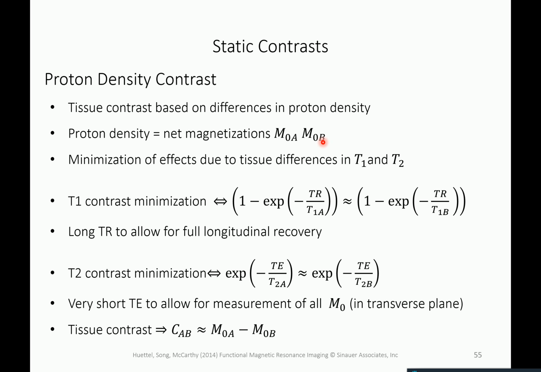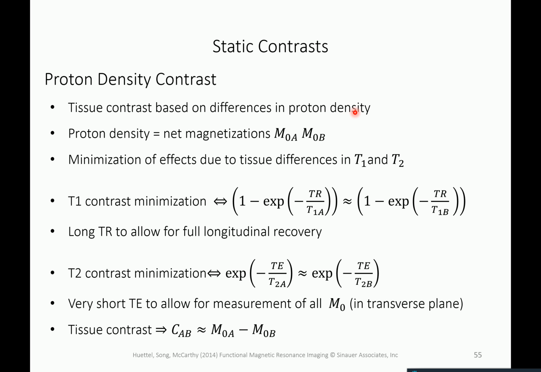And here we now have 2 voxels, or a heterogeneous sample. So in one part of the sample, the net magnetization is M0A, and in the other, the net magnetization is M0B. So in one of them, the net magnetization is larger than in the other one.